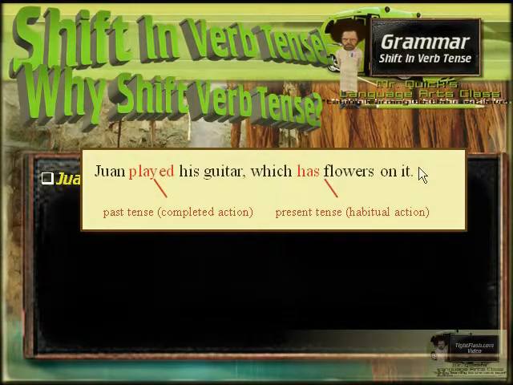So which had flowers on it, or which will have flowers on it, probably wouldn't make a lot of sense there. For a better, clearer sentence, we definitely wanted to add this type of shift. But the point is that it was okay to shift. Juan played his guitar, which had flowers on it.